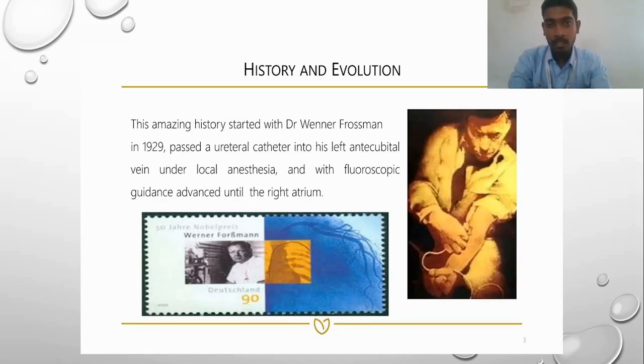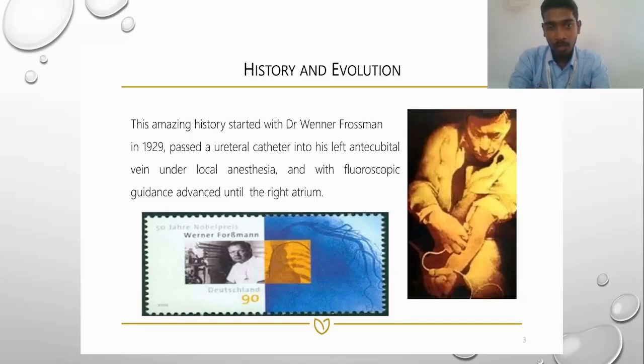A urine catheter, used for urine output in patients with severely affected kidneys. In 1929, Dr. Werner Forssmann used the urine catheter, using local anesthesia, through the veins.